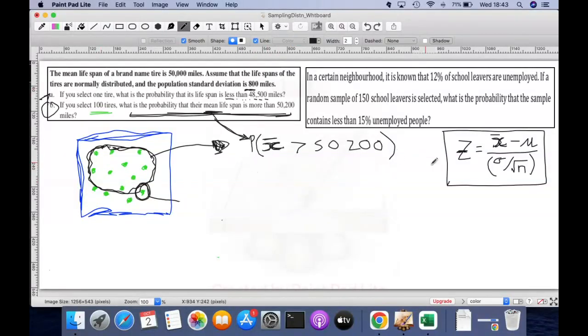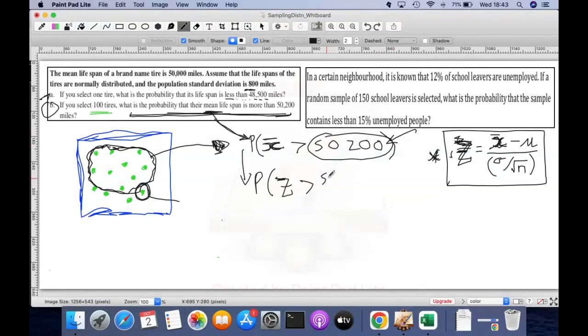Okay, so now I'm going to use this formula here to go to the next step, which is converting it to Z. Remember, we're not talking about X bar anymore. We're going to talk about Z. And we're going to use this formula here to convert this value to a Z value. So now we replace the X bar with this value.